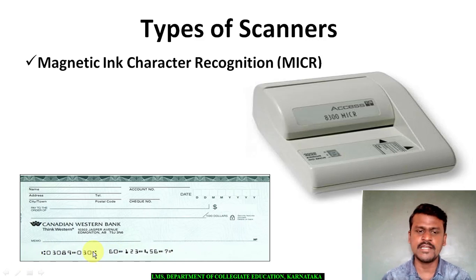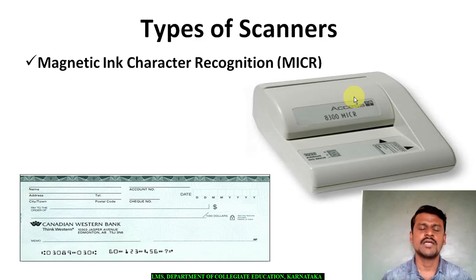And once it is printed, the check will be placed on this magnetic ink character recognition scanner to recognize what the account number of that customer is and which bank it belongs to.